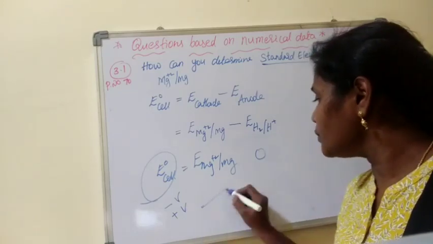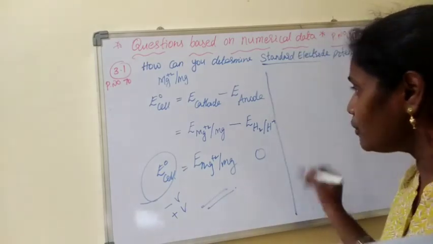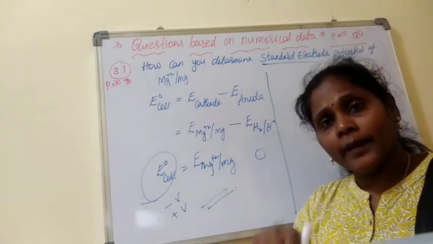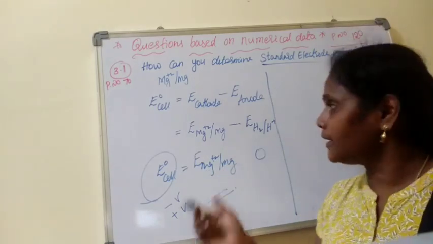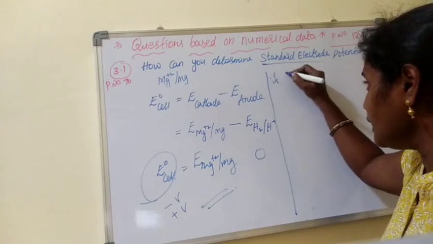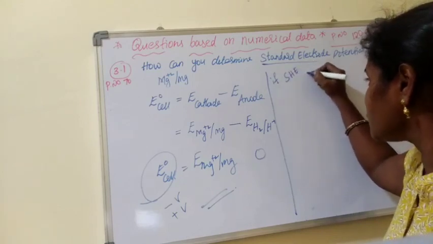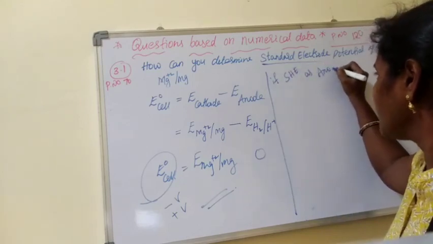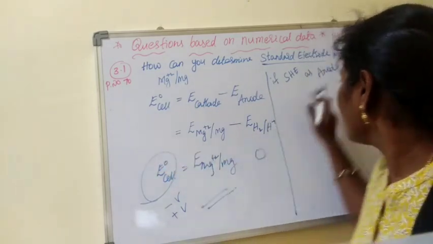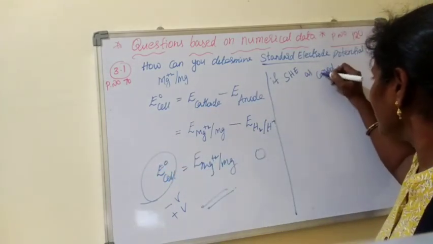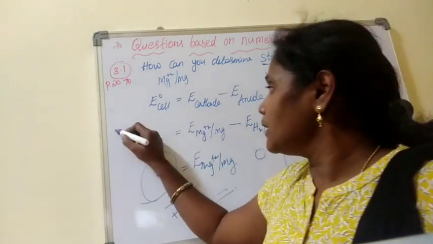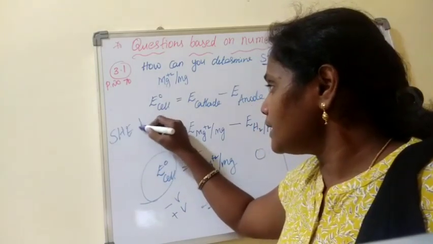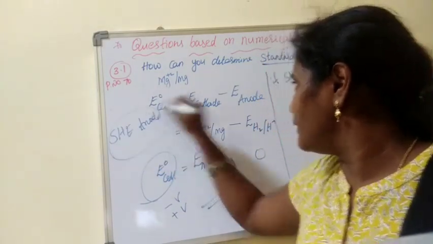But sometimes you can also find that the hydrogen electrode can be given as anode or cathode, right? If the standard hydrogen electrode is the anode, I have explained this.